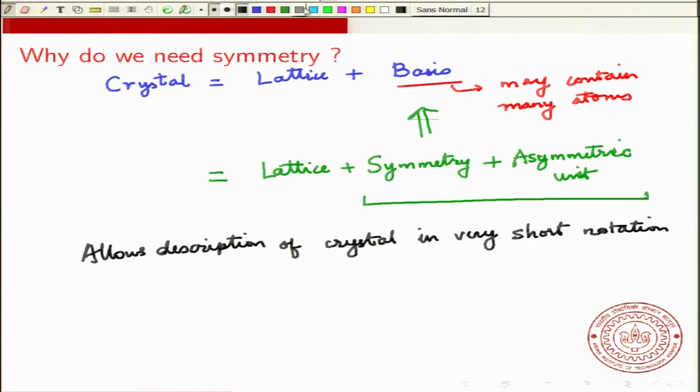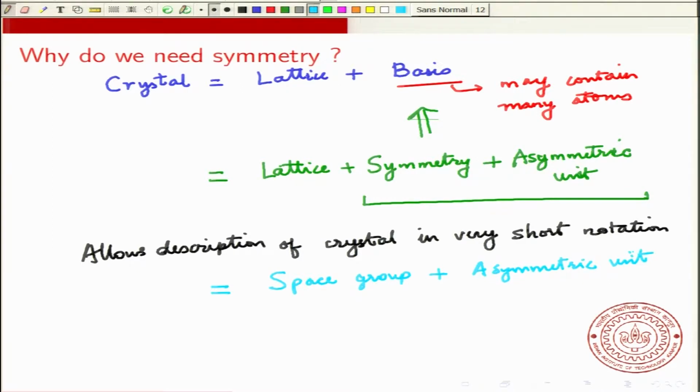This will be done in the following week. So, it is equal to space group plus asymmetric unit.